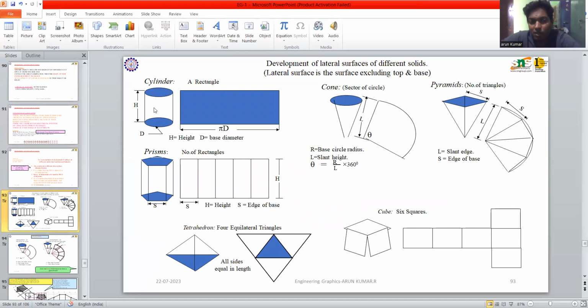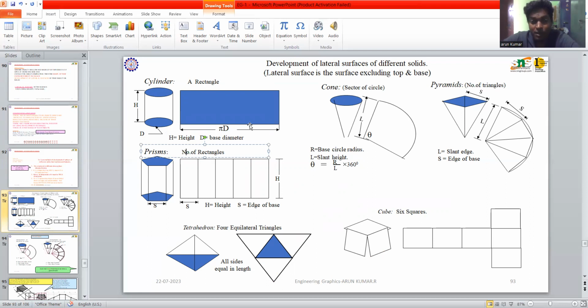The remaining surface is called the curved surface. Here h is the height of the given solid and d is the base diameter of the circle. After that, when expanded, the curved surface looks like a rectangle.